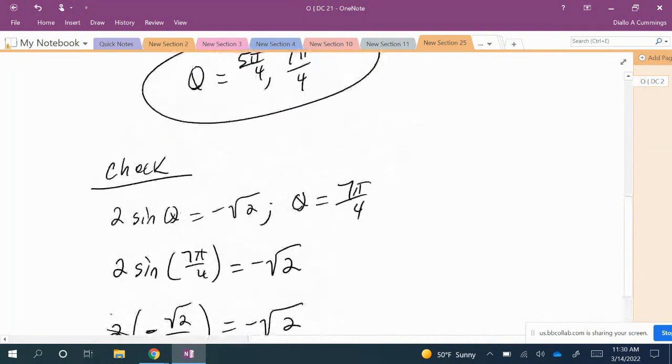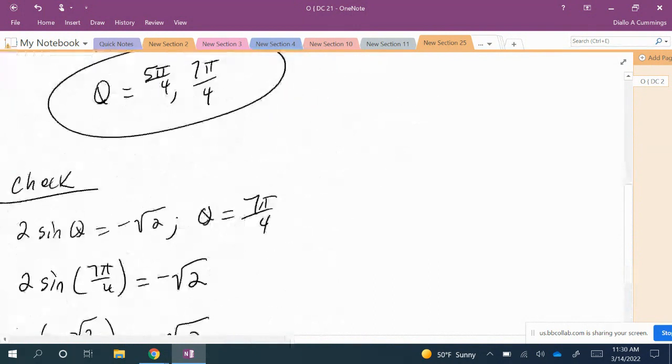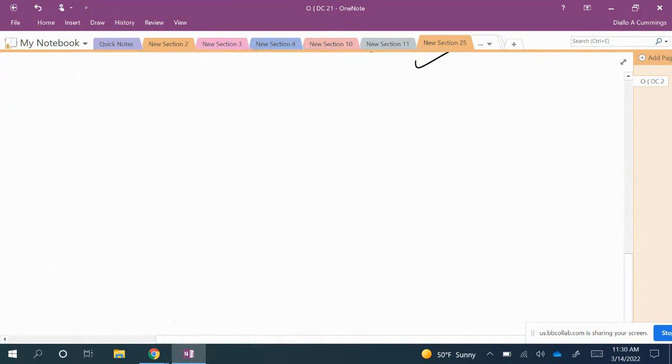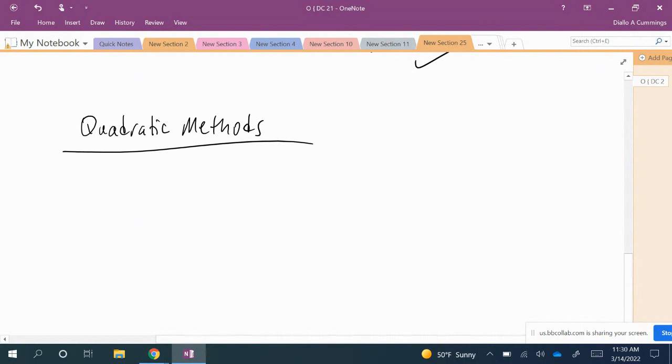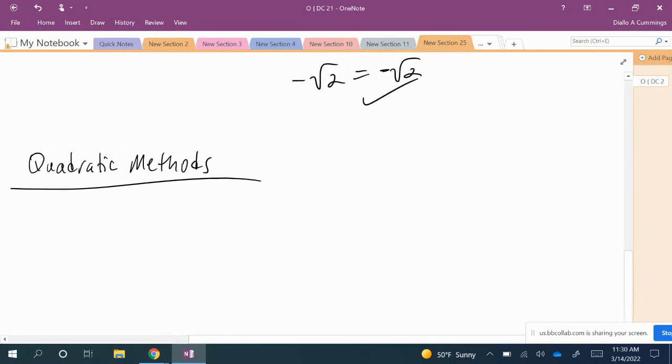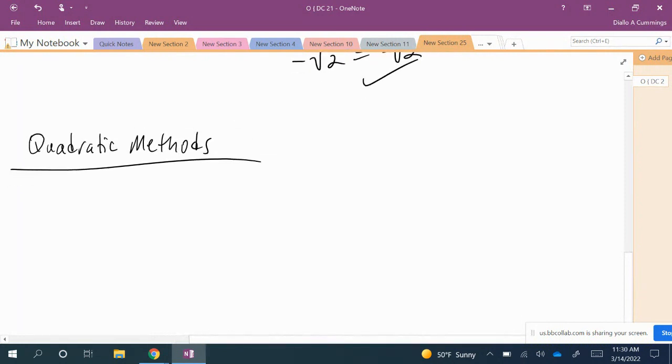All right, I believe we talked about quadratic methods. We had mentioned the factor and cancel method, but I want to bring up another method, and this is the square root property.